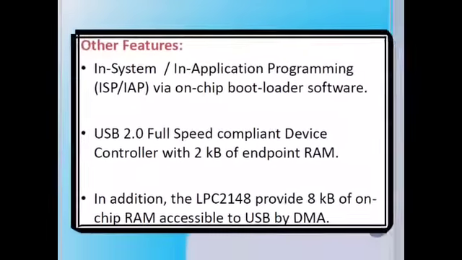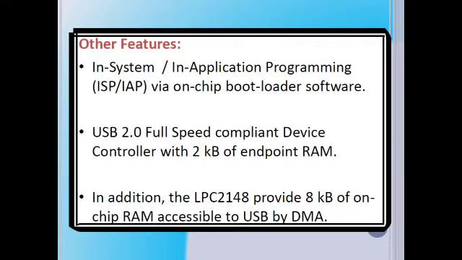Other important features: in-system and in-application programming via on-chip bootloader software, a USB 2.0 full speed compliant device controller with 2 KB endpoint random access memory. In addition, LPC2148 provides 8 KB on-chip RAM accessible to USB by DMA.